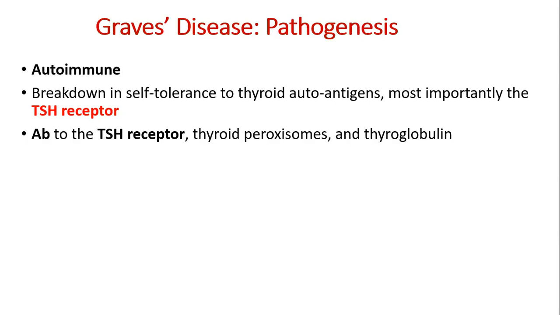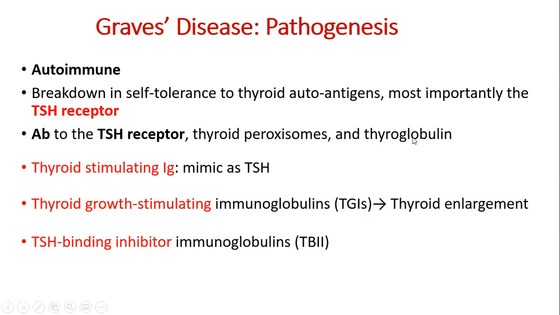But here there is a breakdown of self-tolerance to thyroid autoantigens, mostly the TSH receptor. These antibodies, produced by our immunity, go and stimulate TSH receptors, or thyroid peroxidase, or thyroglobulin.